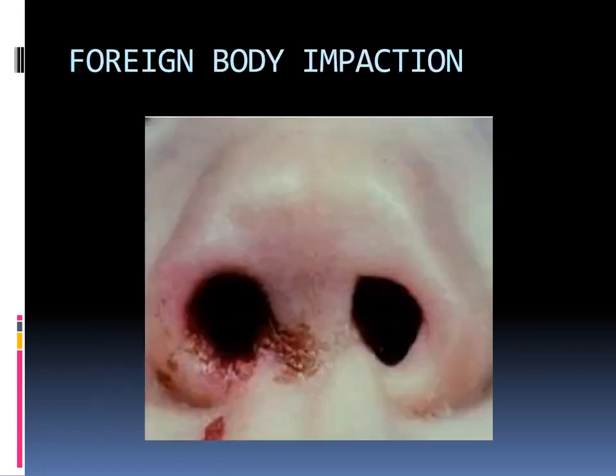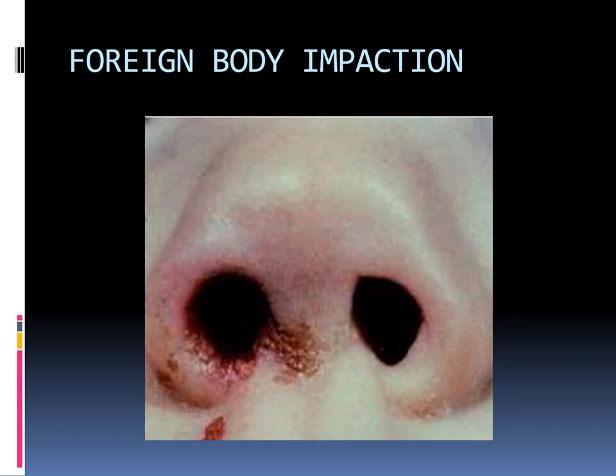Can you see this photo? You have a nose showing an inflammatory reaction on one side, the right side of the nose, and the left side looks completely normal. This is pathognomonic, and this is usually missed by pediatricians. They don't look at it as we do.